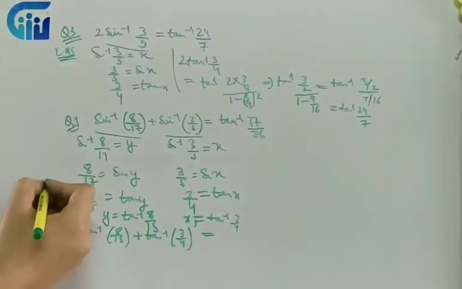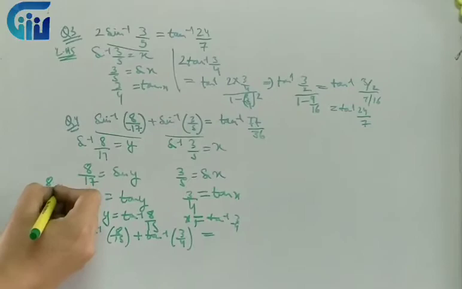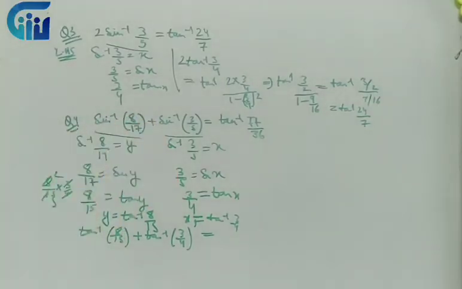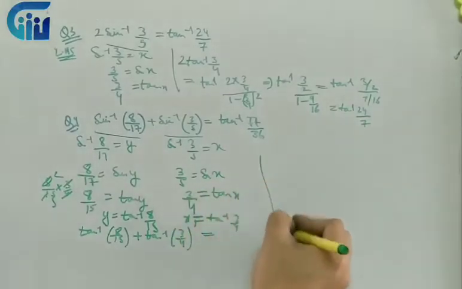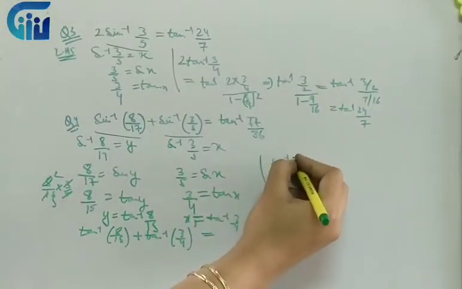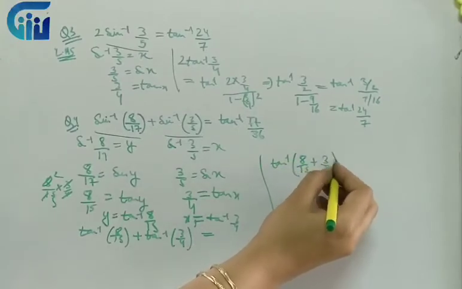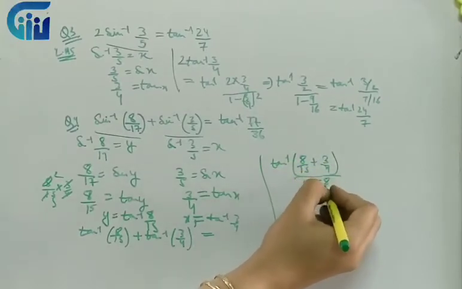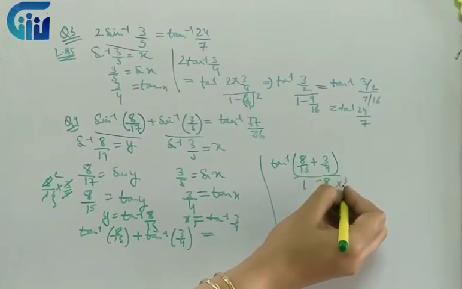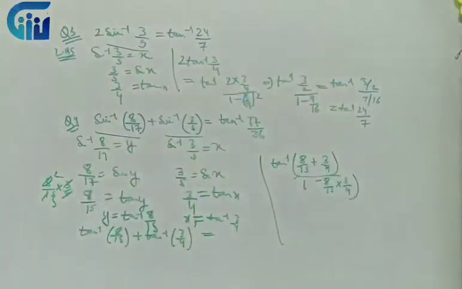Before applying the formula, we will check the condition whether xy is less than 1 or not. So this is 2 by 5, which is less than 1. So we will apply the formula. So this will be tan inverse of 8 by 15 plus 3 by 4 upon 1 minus 8 by 15 into 3 by 4, right? So quickly solve it up and see whether you are getting tan inverse 77 by 36, right?